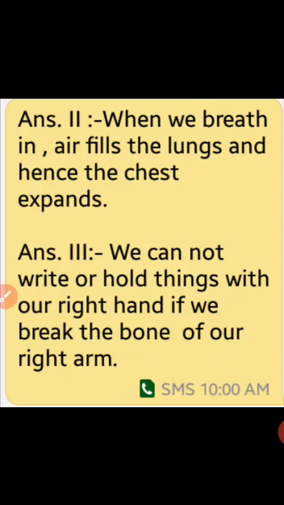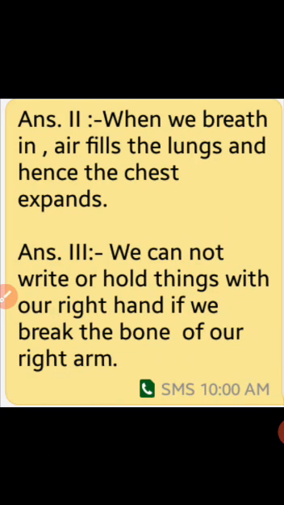So students, we came to know the reason why we are not able to use our hand if we break the bones of our right arm.